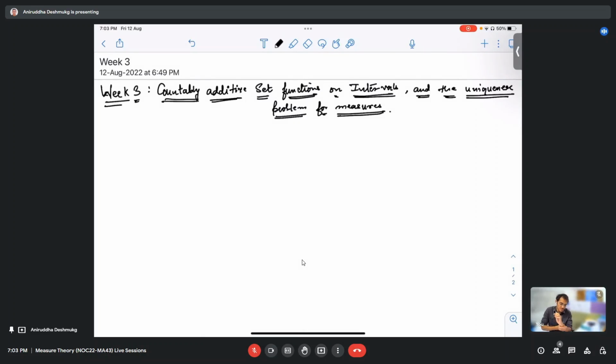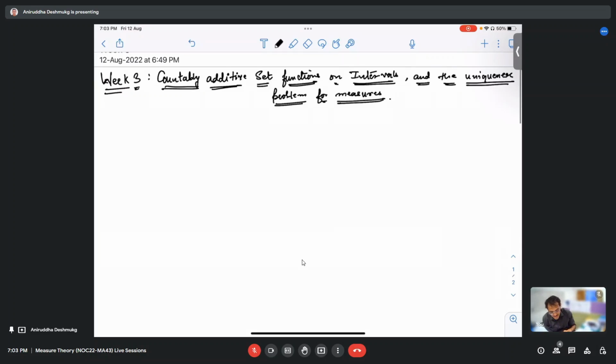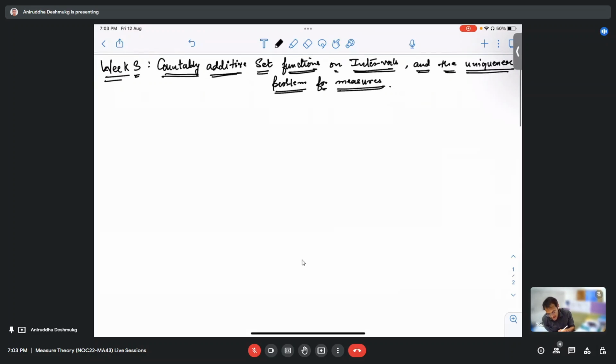Today we'll be looking at the big three contexts that are countably additive set functions on intervals and the uniqueness problem for measure. What we saw was that given a countably additive set function, we can find a monotone increasing function which is right continuous in this manner.